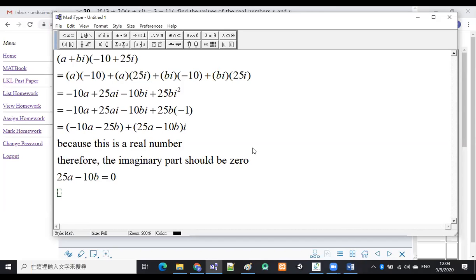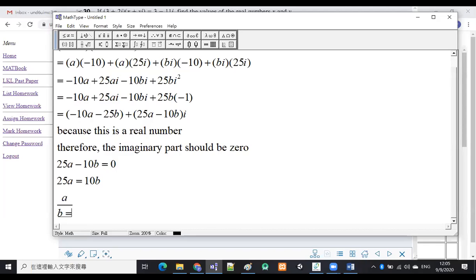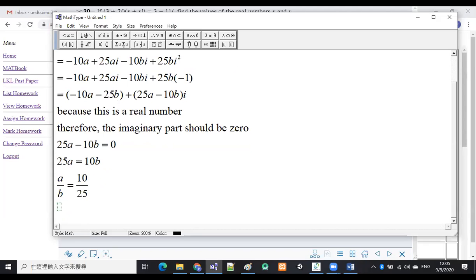Okay? So the question asks you to find the ratio of A to B. You have learned that the ratio of two numbers is actually the fraction, okay, A over B. So we are going to find A over B equal to what? Okay, so 25A is equal to 10B, right? And then we divide the B to the left-hand side and divide the 25 to the right-hand side. A over B is equal to 10 over 25, okay?